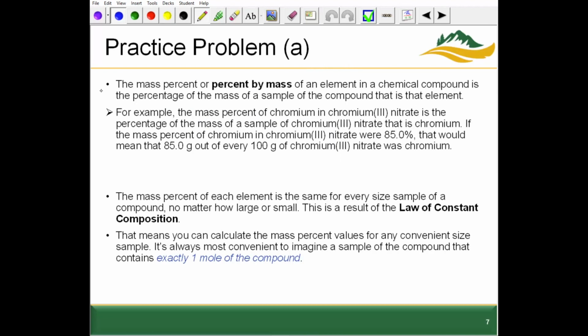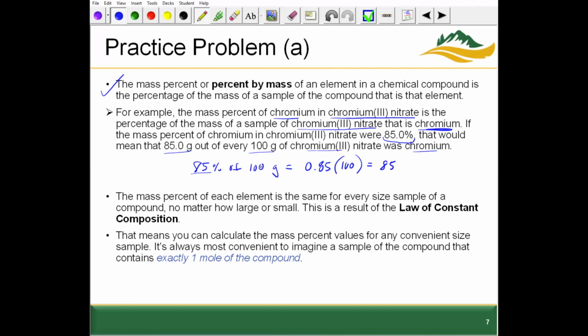So we've talked about this definition here. For example, the mass percent of chromium in chromium(III) nitrate is the percentage of the mass of a sample of chromium(III) nitrate that is the chromium component. So let's say the mass percent of chromium in chromium(III) nitrate were 85%. If that were true, that would mean that 85.0 grams out of every 100 grams of chromium(III) nitrate would be chromium. How do we get that?